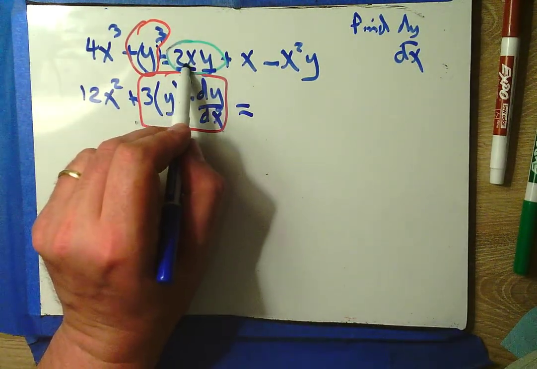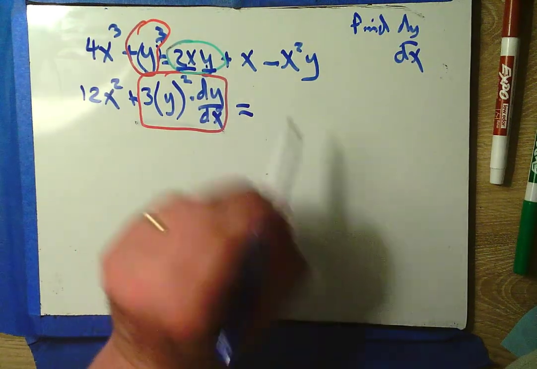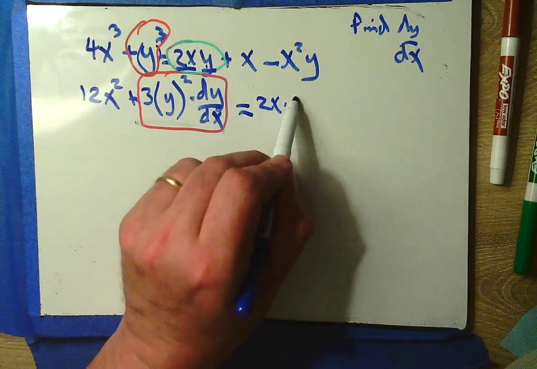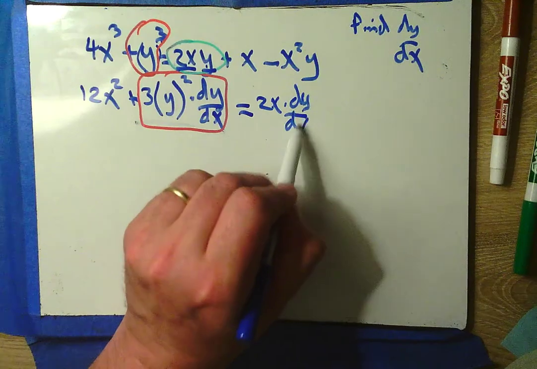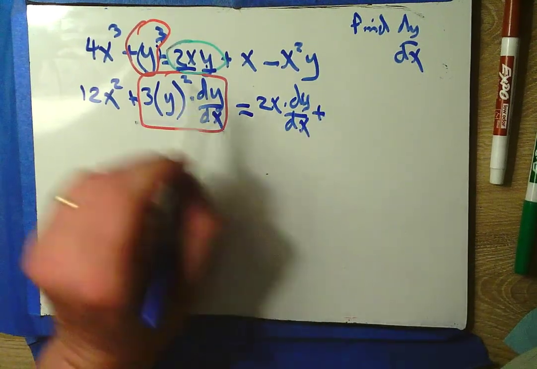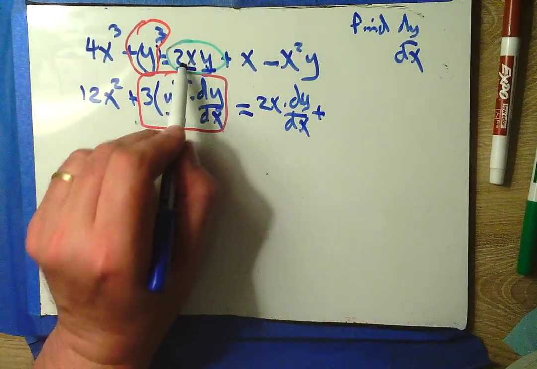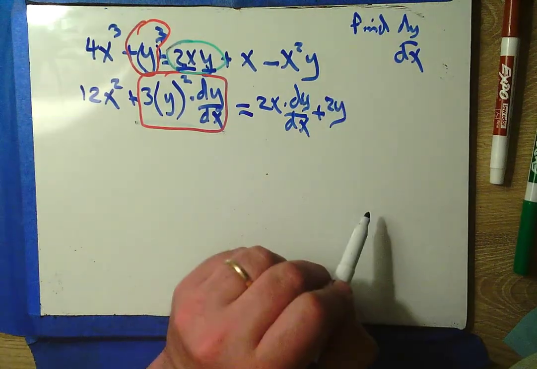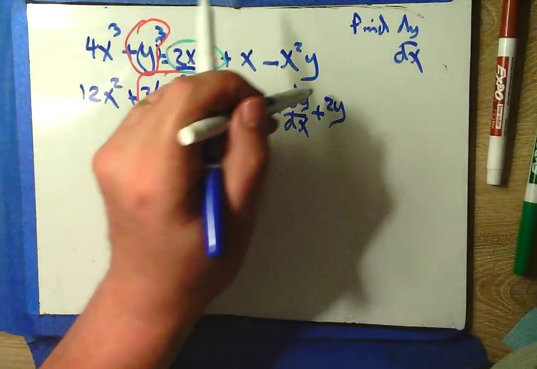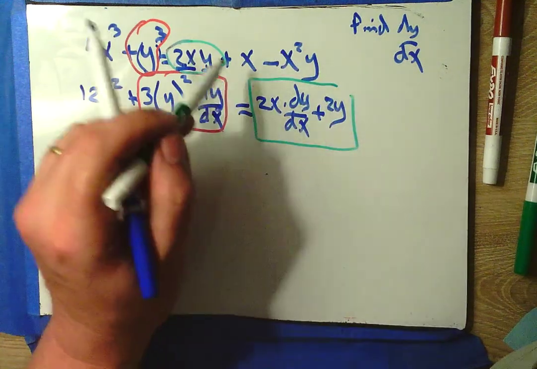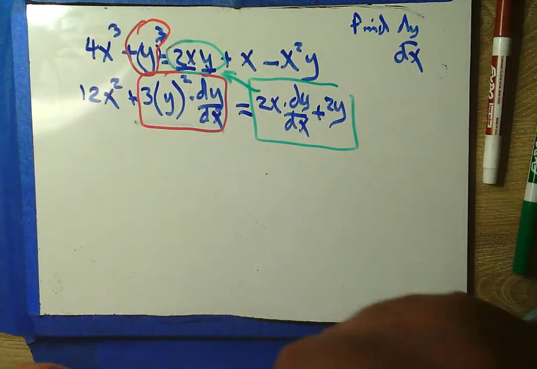So this times the derivative of that, 2x times the derivative of y, which is dy/dx, plus this times the derivative of that. So all of this is the derivative of that piece.